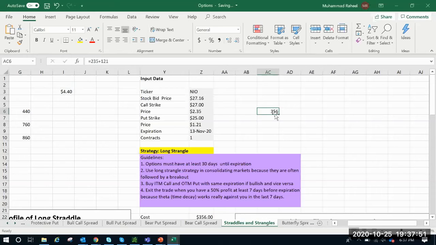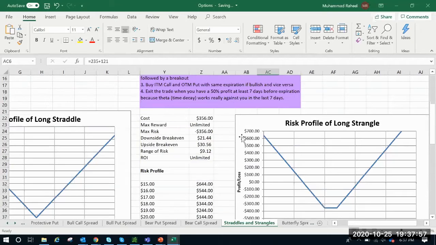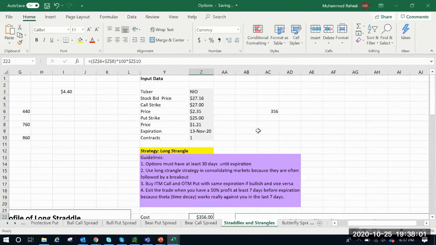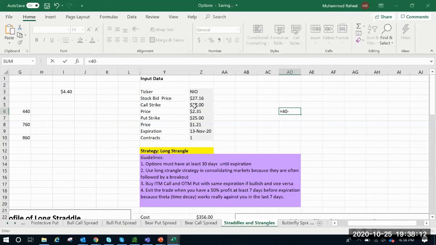So I'm going to skew it a little bit, just because I'm more bullish on one side, so I want to take a position like that. That's why my cost now is 356, but then the gains are calculated accordingly. First case is that you are right, and NEO kept rallying and went to like 40. 40 minus 27 is your gain on the long call, multiplied by 100, that's 1300.